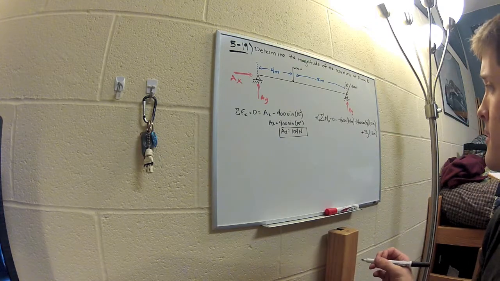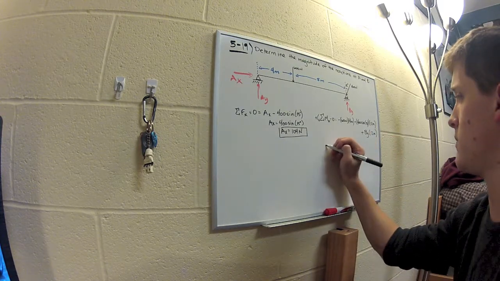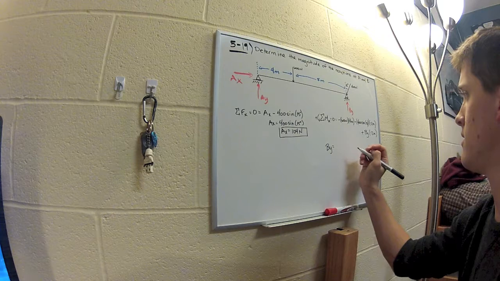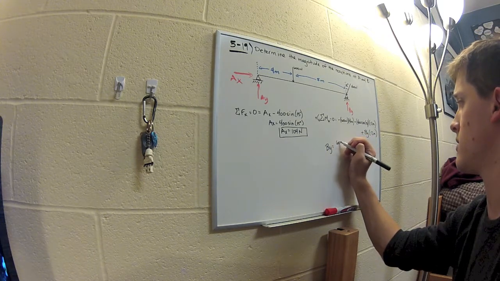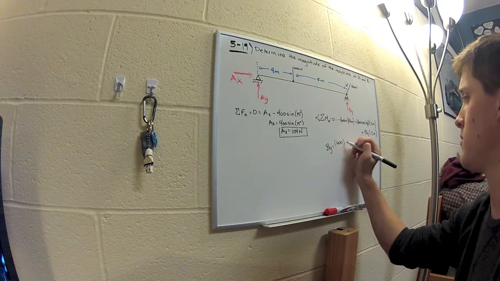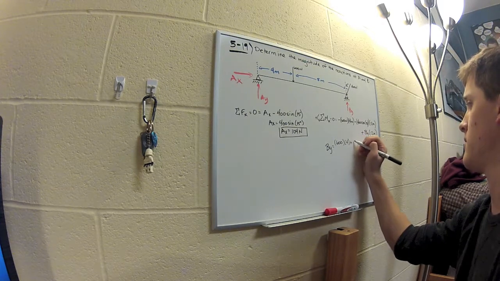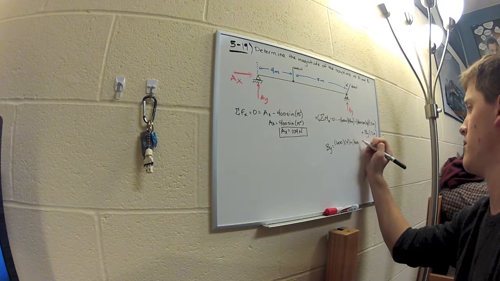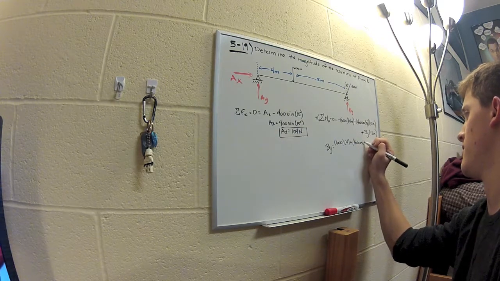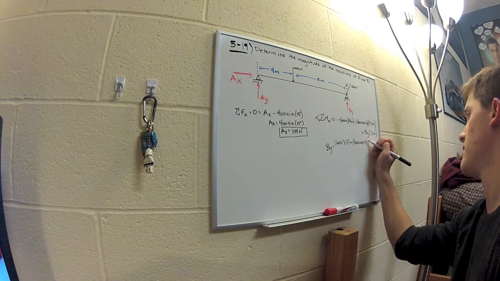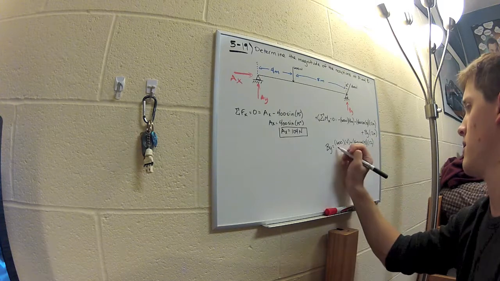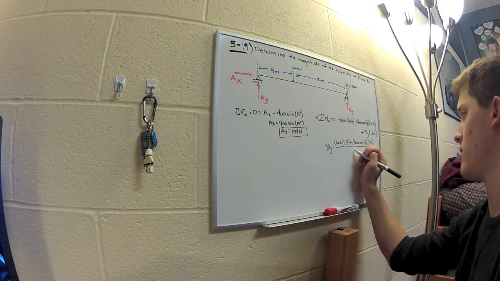Right? So if we solve that for By, we should get By is equal to 600 times 4 plus 400 cosine 15 times 12, all over 12.